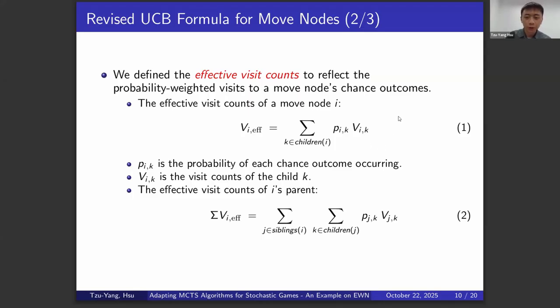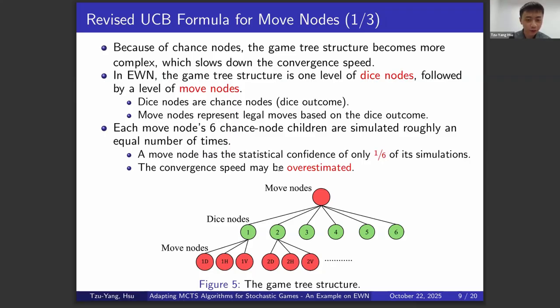We use this formula to calculate the effective basic count to avoid overestimating the convergence speed of move nodes, because we evenly simulate all chance outcomes under move nodes, but only one of the chance outcomes will occur in the real gameplay.